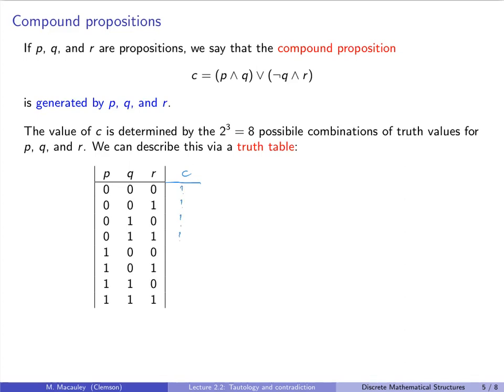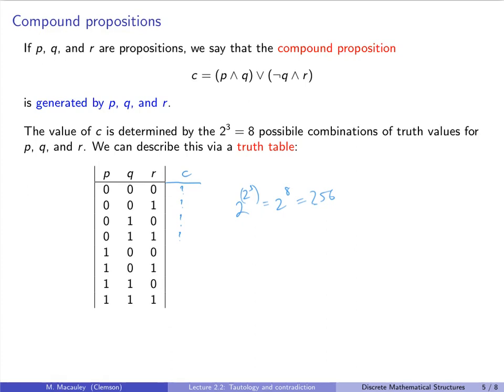And so in general, we have 2 to the 8, or 256 possible functions C. Now that said, there are infinitely many, as I said earlier, infinitely many expressions that we can make by stringing these things together, because we can just keep going and going. So we'll have a lot of these compound propositions correspond to the same function.